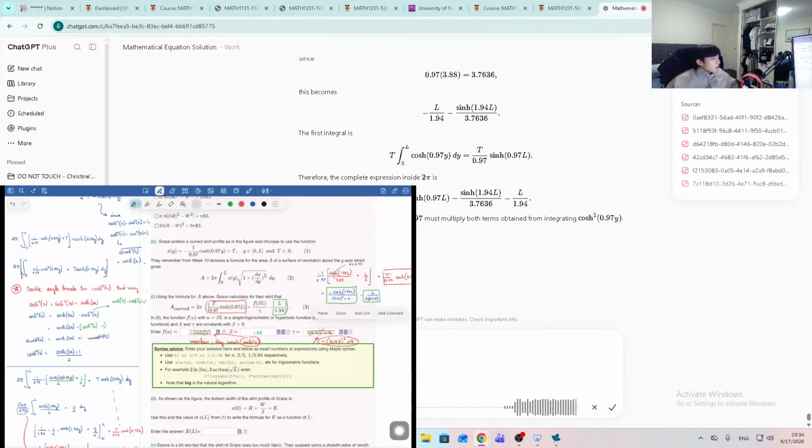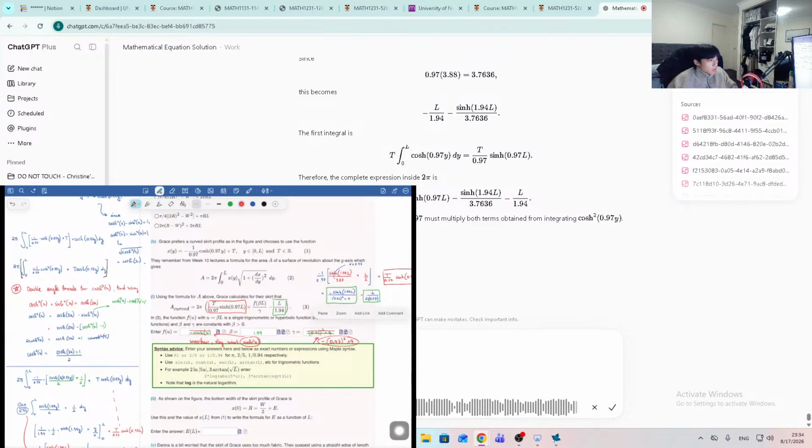Is this the right Maple input when I let A be 0.97 instead? I do see the t sinh of AL over L minus L over 2 times 0.97.